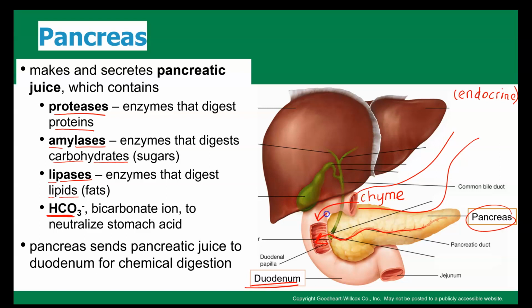So as it comes into the duodenum, we need to neutralize that acid so we don't destroy the wall of the duodenum. So we have, as part of our pancreatic juice, bicarbonate ion that's being released into the duodenum to help neutralize that acidic chyme. And so the pancreas specifically sends its pancreatic juice containing those enzymes and the bicarbonate ion into the duodenum.